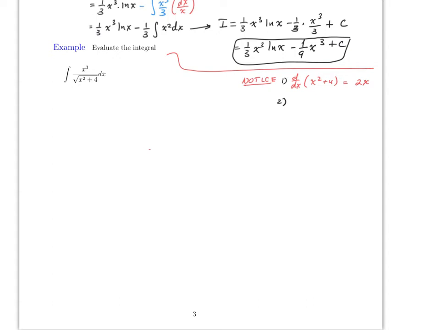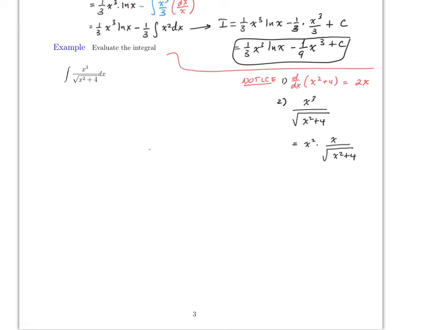And number 2, notice that x cubed over the square root of x squared plus 4, you can rewrite it as x squared times x over the square root of x squared plus 4. So this is a common trick we're going to use over and over. Okay. Why do we do that?